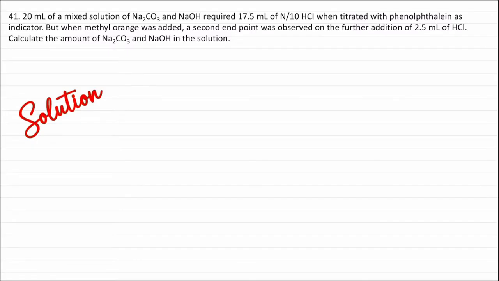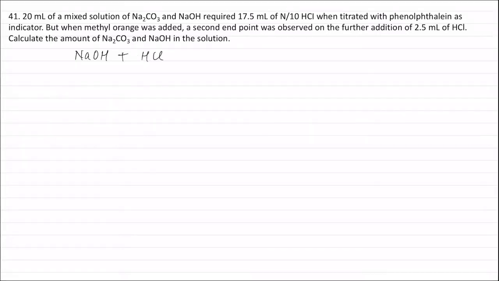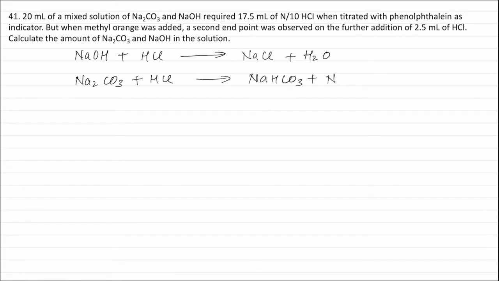When phenolphthalein is used as indicator, the reaction is NaOH plus HCl forming NaCl plus H2O and Na2CO3 plus HCl forming NaHCO3 plus NaCl. The equivalents of NaOH plus equivalents of Na2CO3 will be equal to equivalents of HCl.